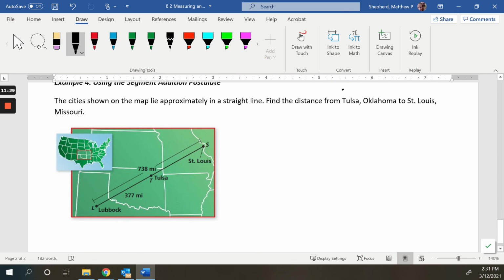All right, we're going to do it one more time. Now we've got this map here. It shows 3 cities that are about on a straight line, with Tulsa in between, cutting it into 2 segments.